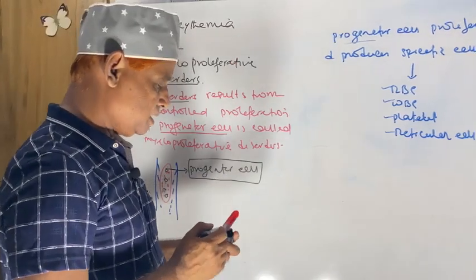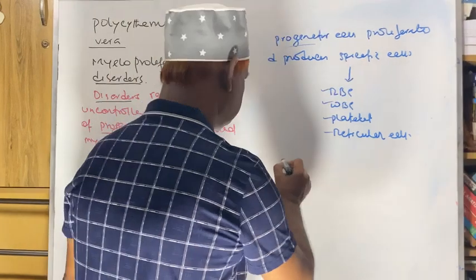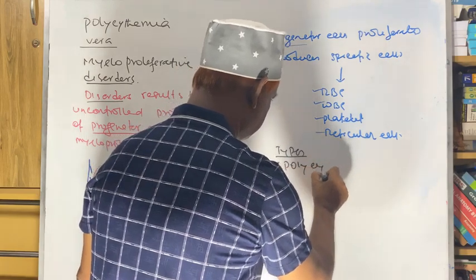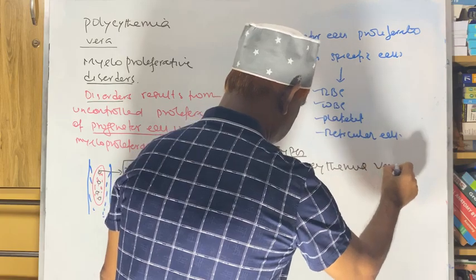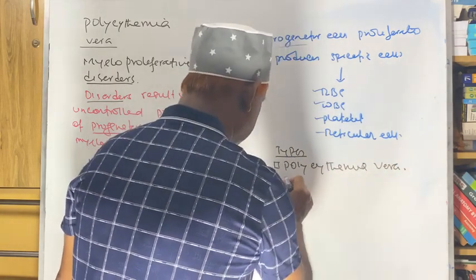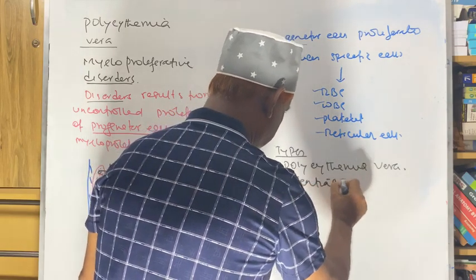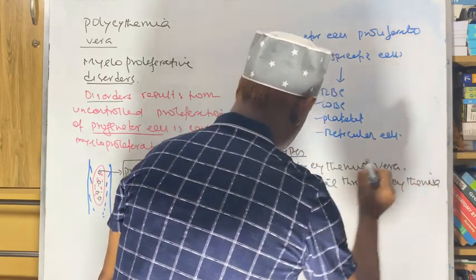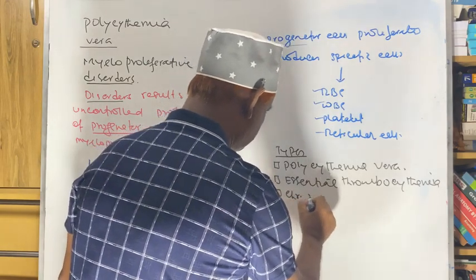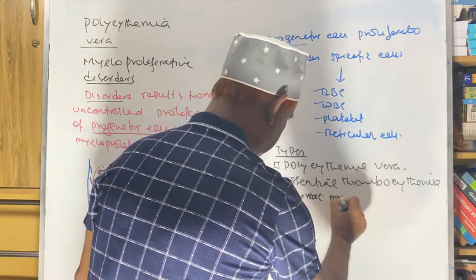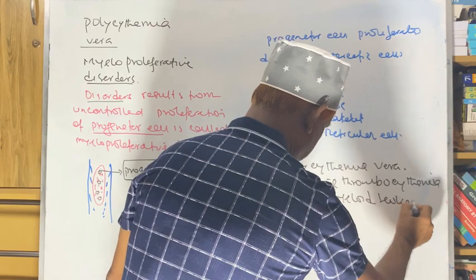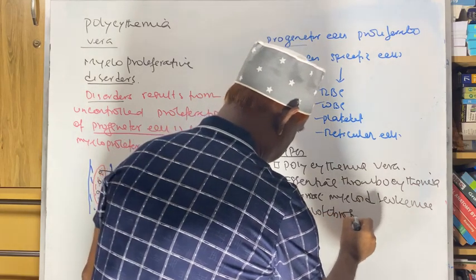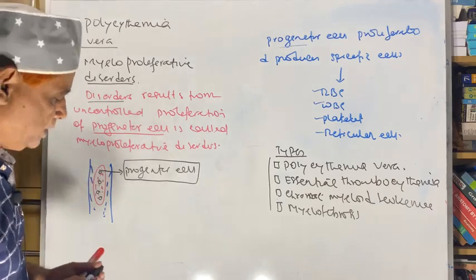Now come to what are the different types of myeloproliferative disorders: Polycythemia vera, essential thrombocythemia, chronic myeloid leukemia, and myelofibrosis. These are the myeloproliferative disorders.